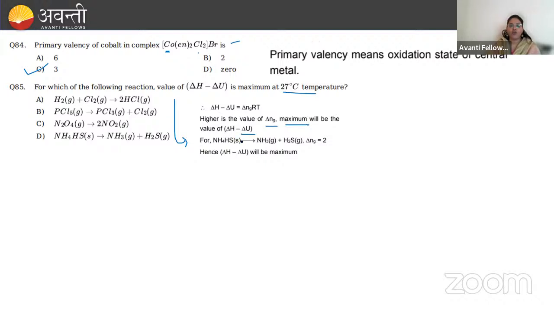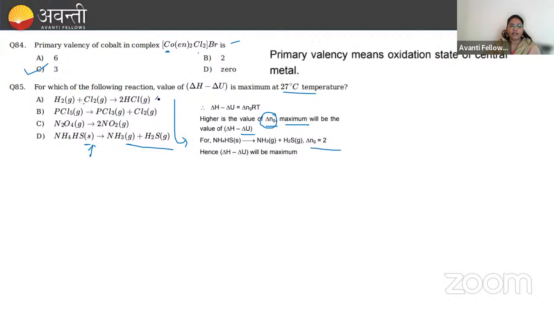For the fourth reaction, delta Ng is 2. Why? Here on the reactant side a solid is there, but on the product side gaseous molecules are there, and delta Ng means the change in the moles of the gaseous substances, not for solid substances.